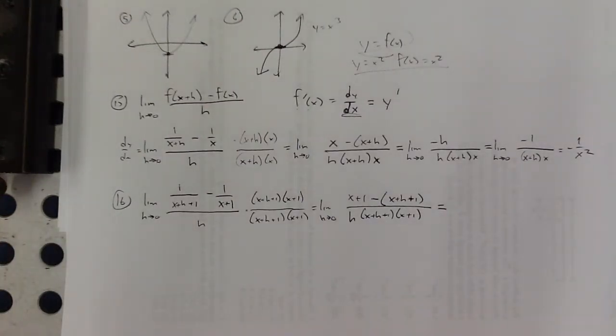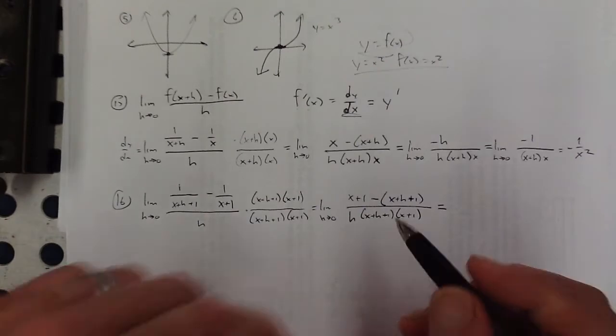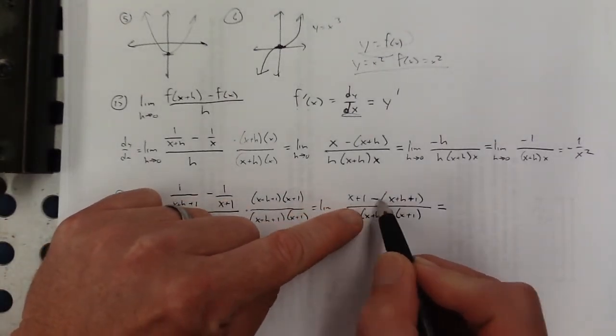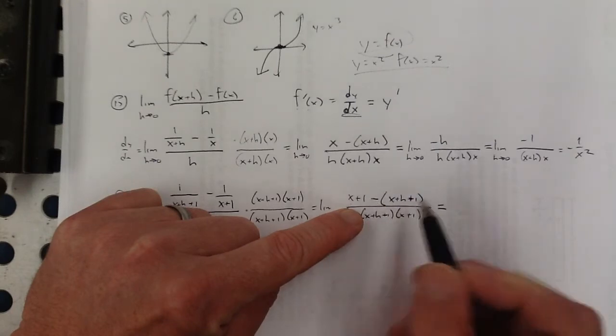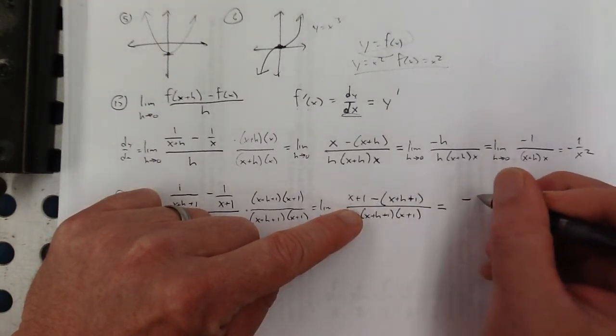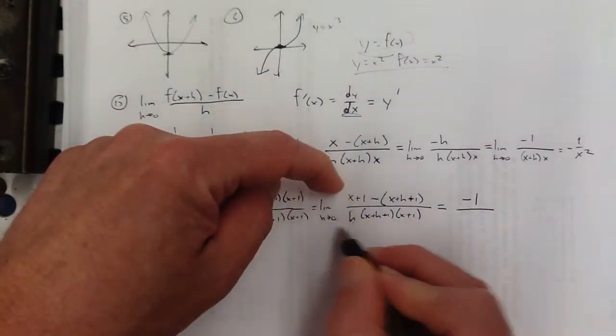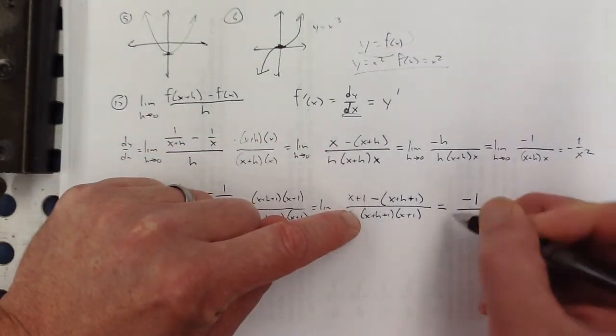I don't know, can we get to the answer from here? Maybe? Let's see. I think maybe we can. The x minus x cancels. 1 minus 1 cancels. Minus h, but I know the h is going to cancel out with that h. And then when I plug the 0 in for h, I get x plus 1 times x plus 1.